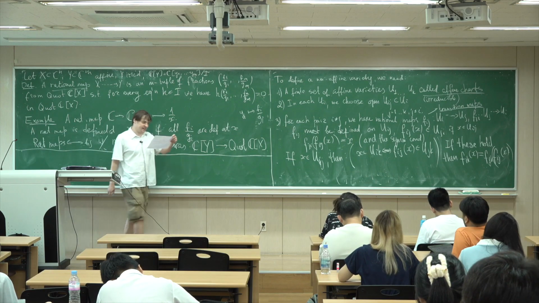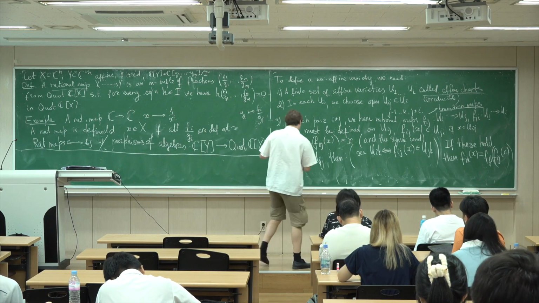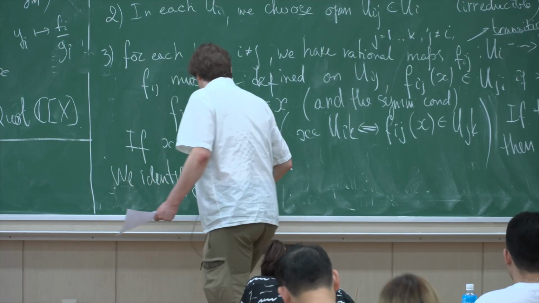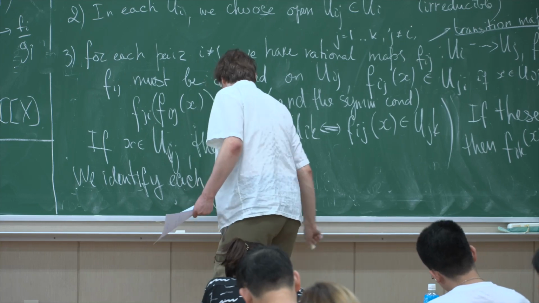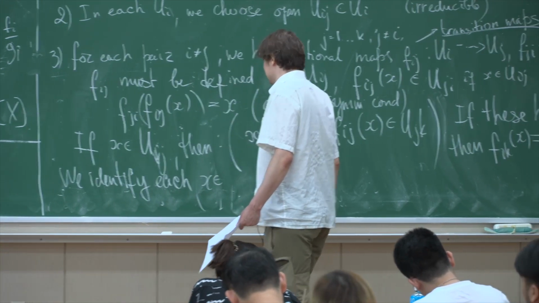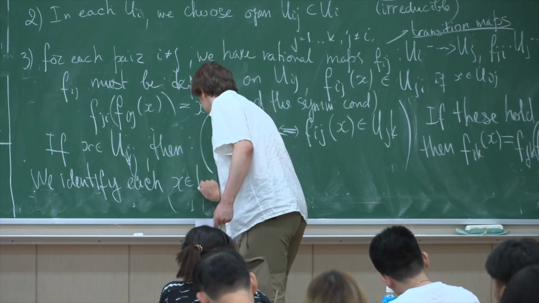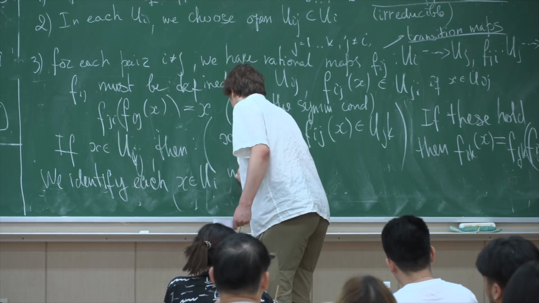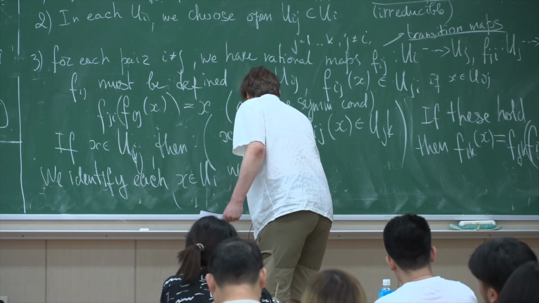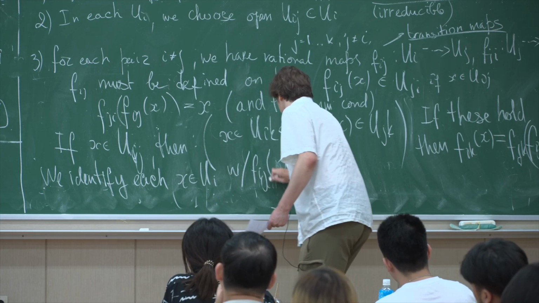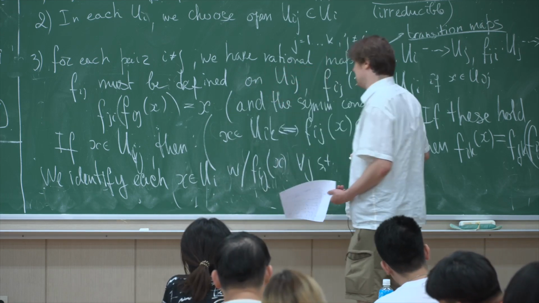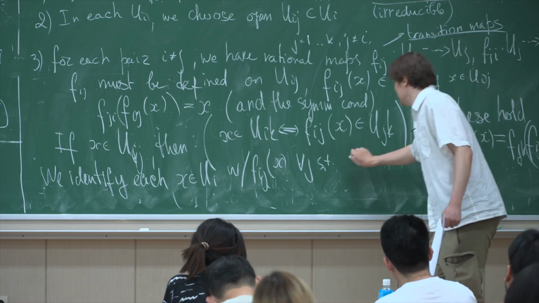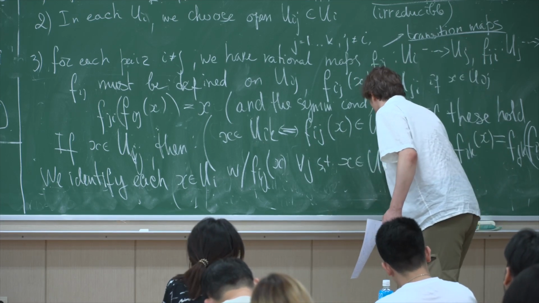And then we say that we identify each x in Ui with Fij of x for all j such that x is in Uij.